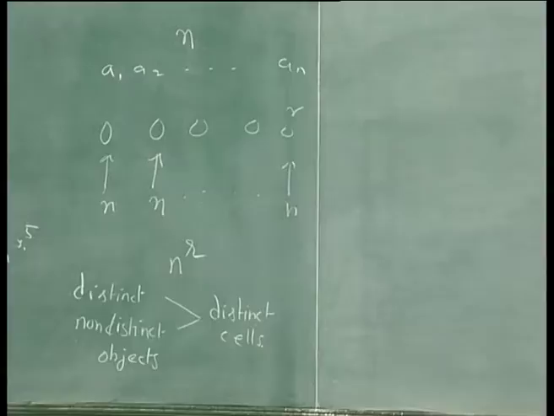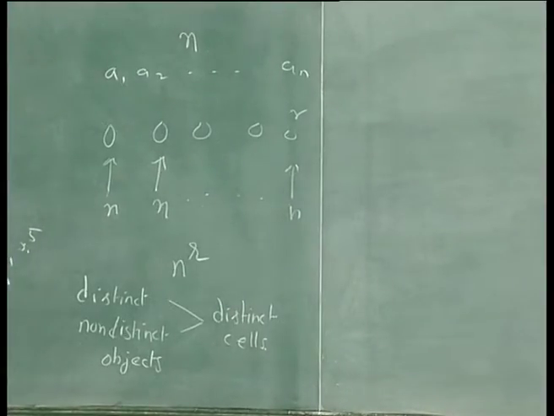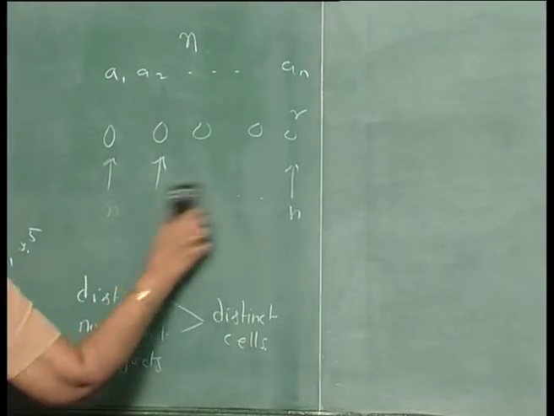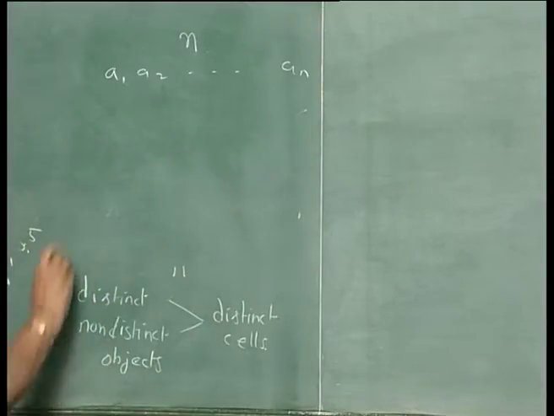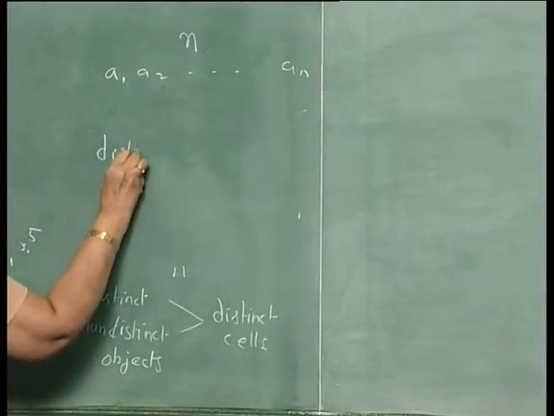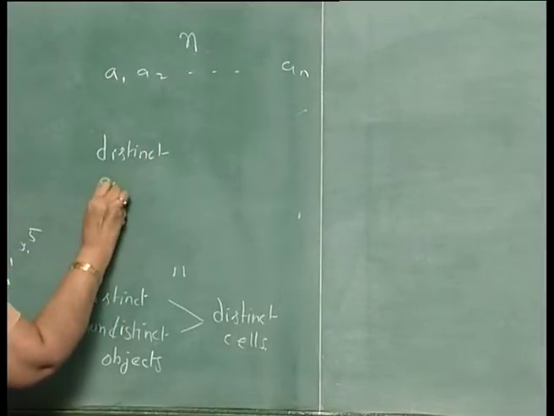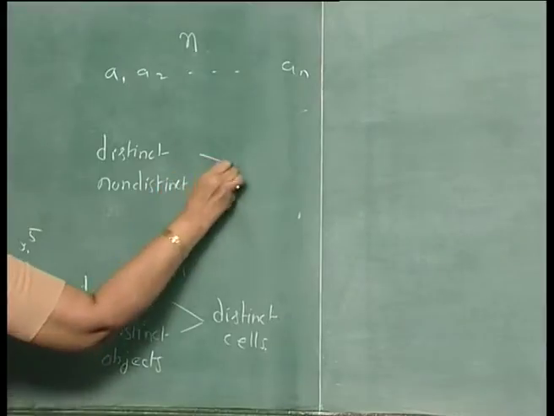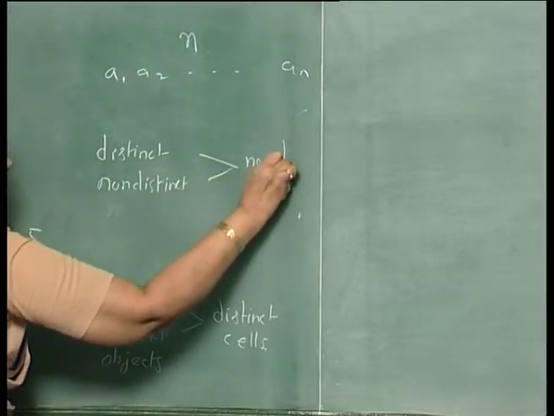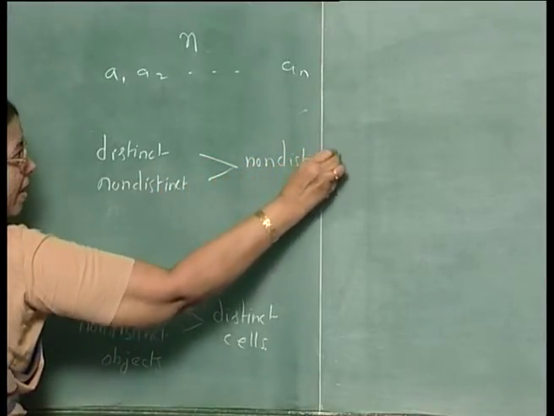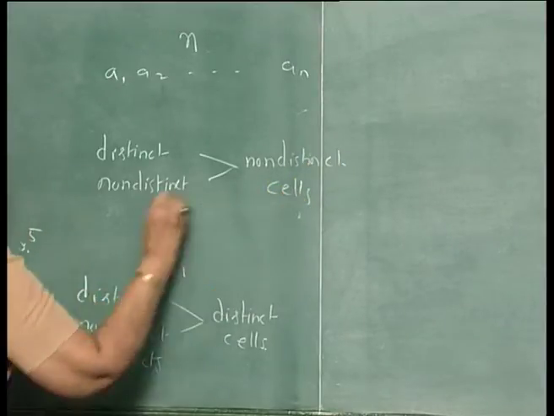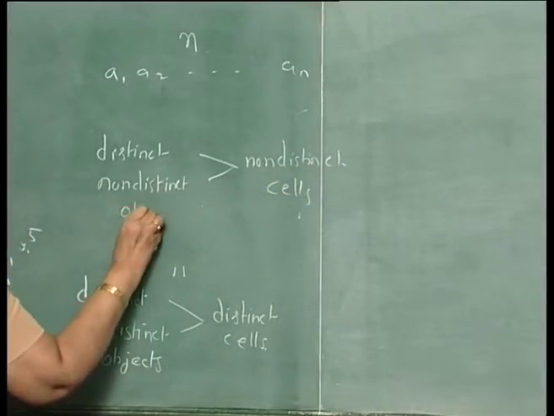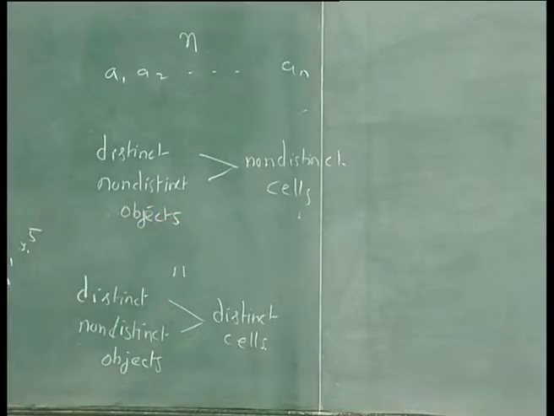Now, this idea of generating function you can use to find the distribution of distinct or non-distinct objects into non-distinct cells. So, the next thing we will consider is distribution of distinct or non-distinct objects into non-distinct cells.